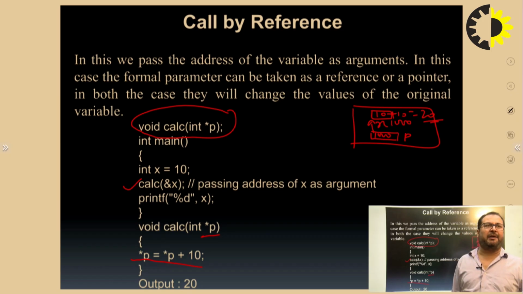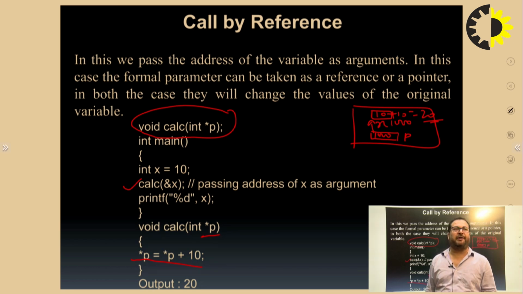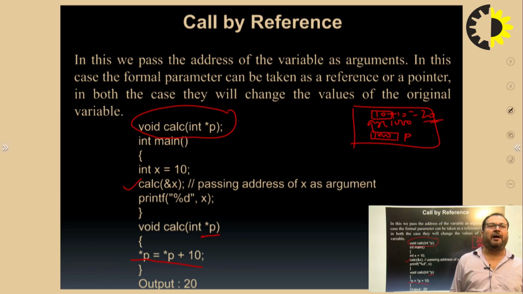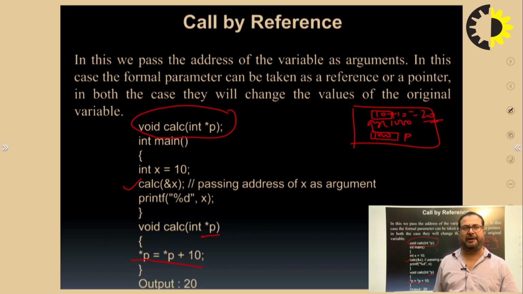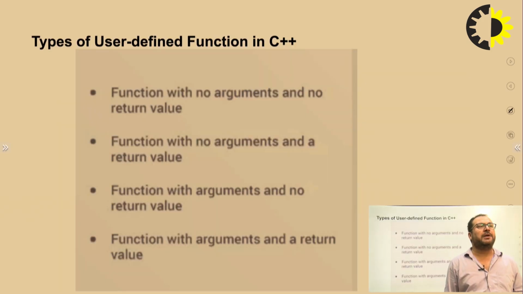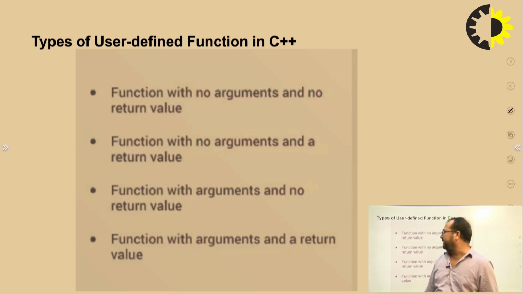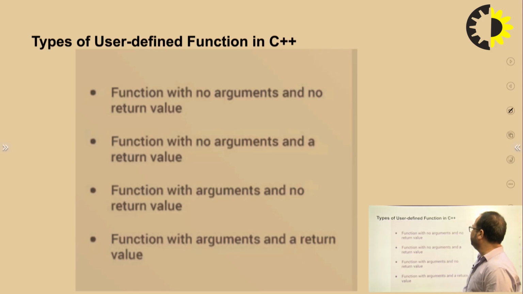So here the variable x is 10. We have manipulated it by writing star p equal to star p plus 10, and it becomes 20. So this is the way. Just by manipulating the pointer, the value of x gets changed from 10 to 20.